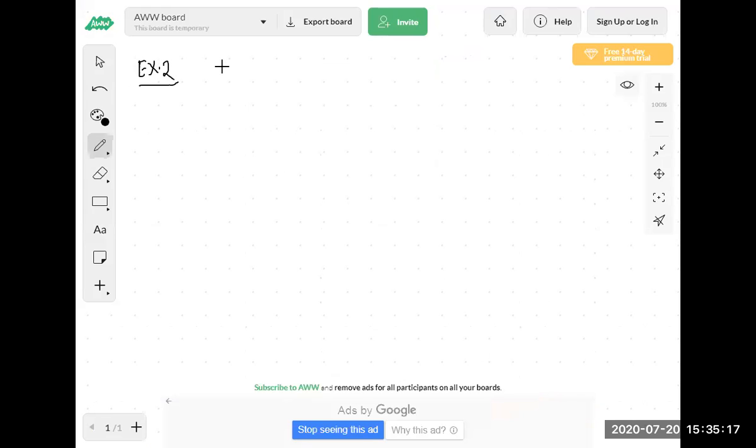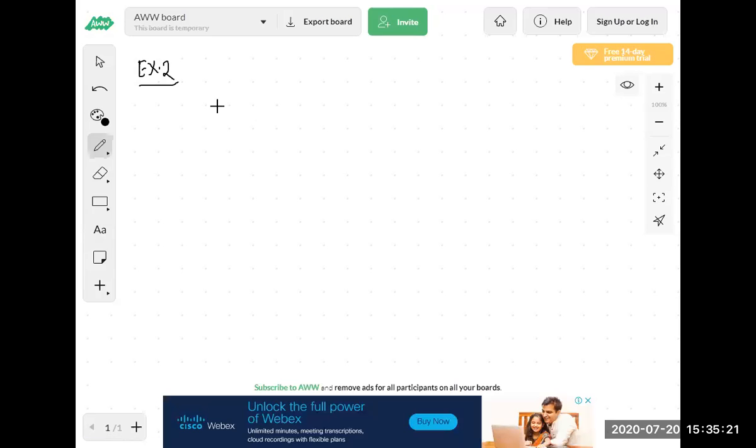So example number 2, you can write it down simultaneously.